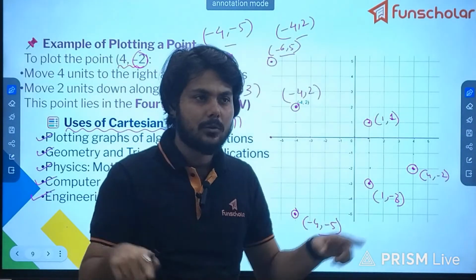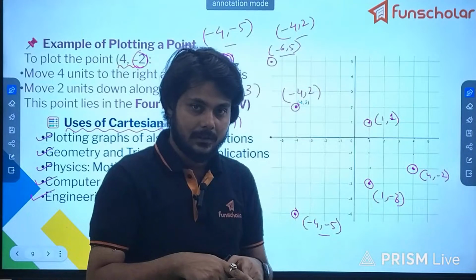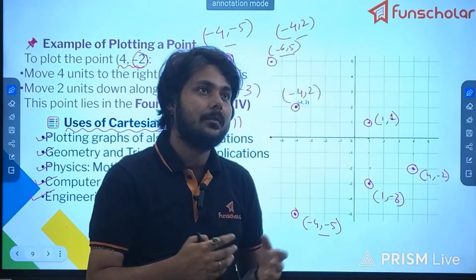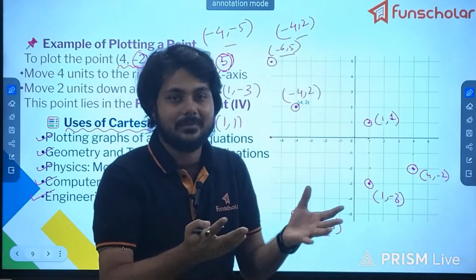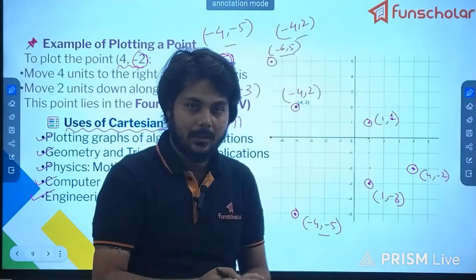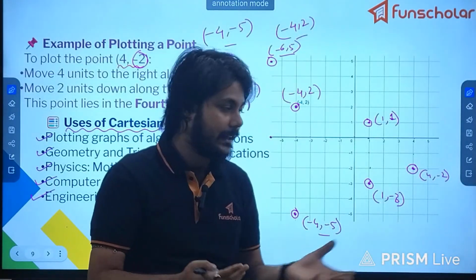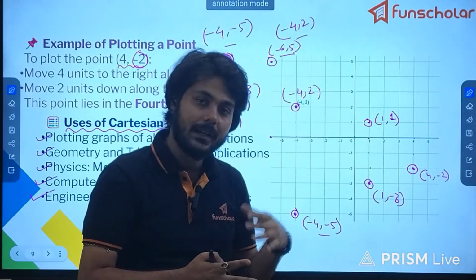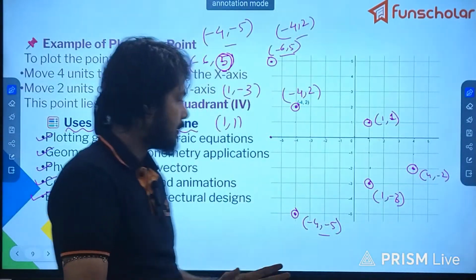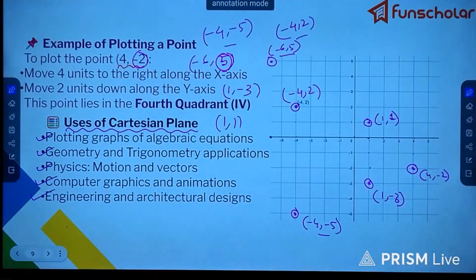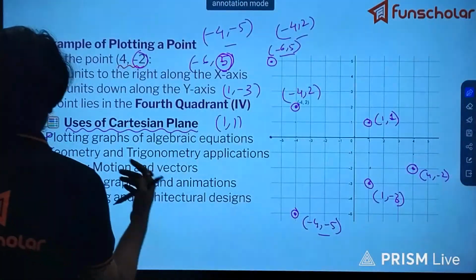Suppose to build a dining space of 12 foot by 10 foot, or a bathroom, or a bedroom, balcony, etc. The whole measurements are taken using these graphs. Okay, so these are the applications of why we are studying this Cartesian plane. Now let's move to the next slide.